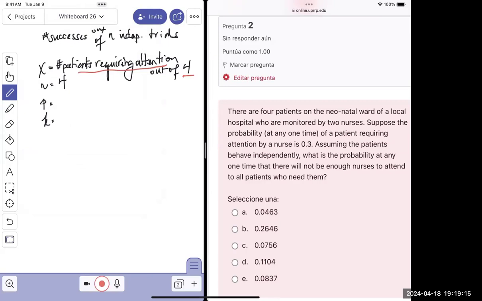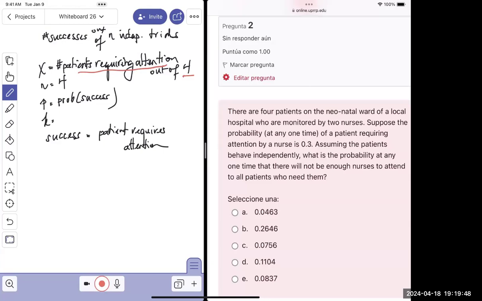What would P be? What's the probability? See, now I can see P is the probability of success. And what's success? Success is requiring attention or patient requiring attention. So you can practice identifying the variable.